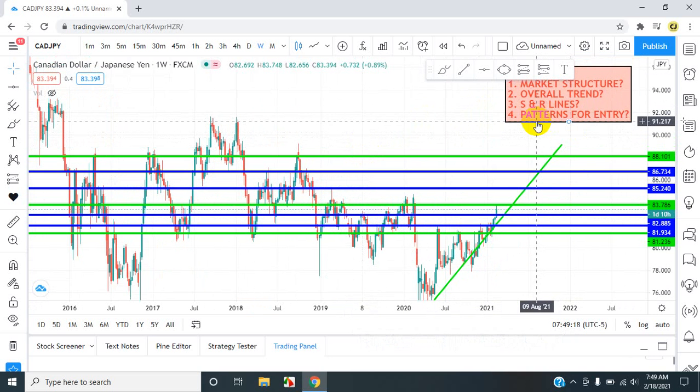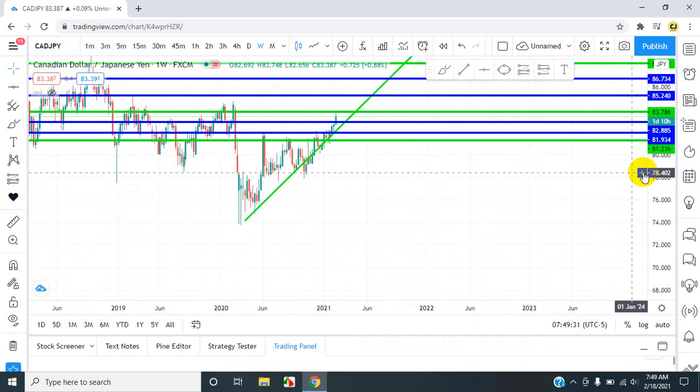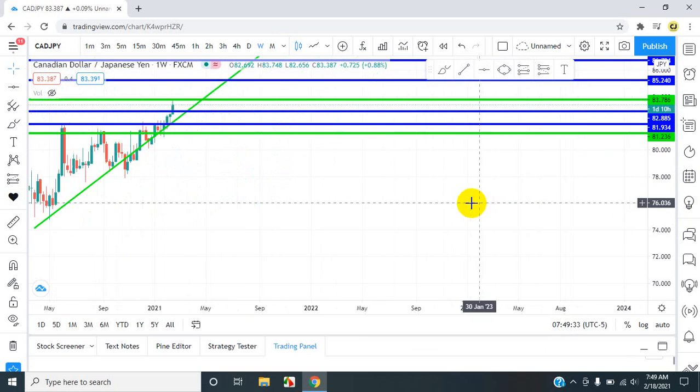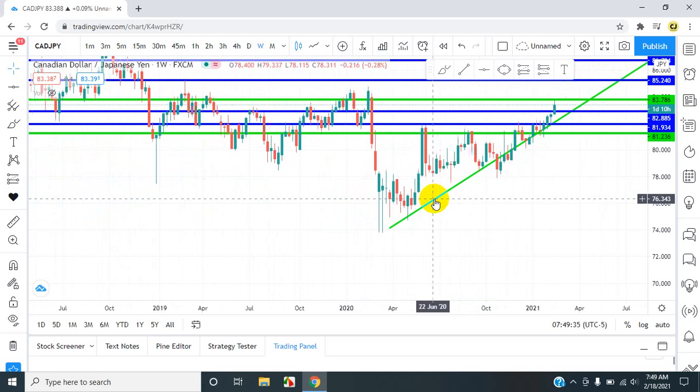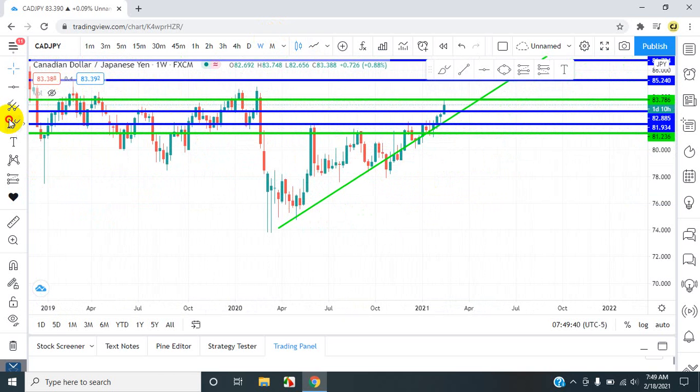Last but not least, we are going to check for number 4, patterns for entry. So we know for the monthly we've seen a W forming. If we look at CAD JPY on the weekly, this is the W that's forming, but with more candles and bodies that are kind of scattered all around in here.